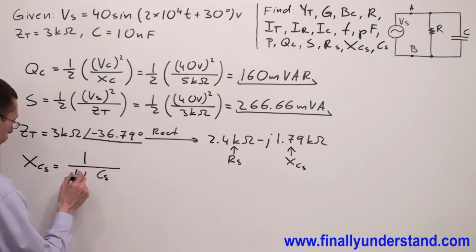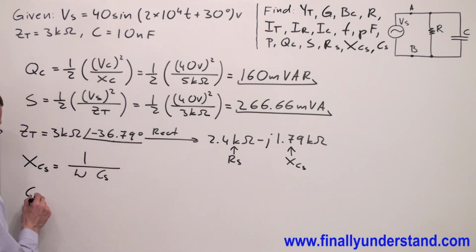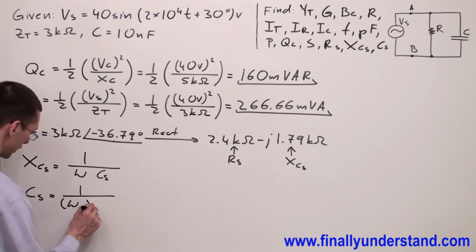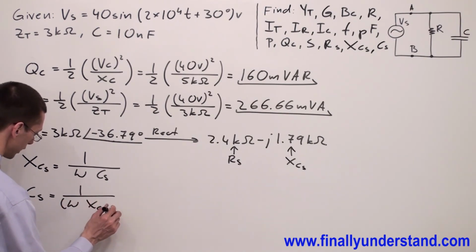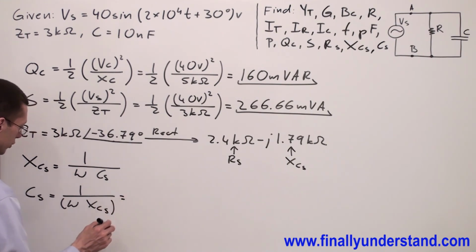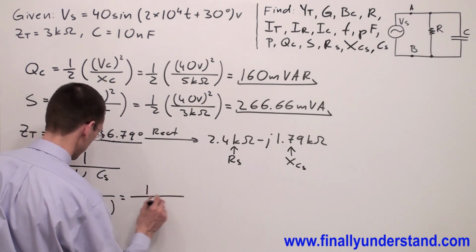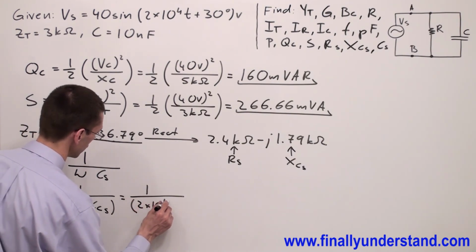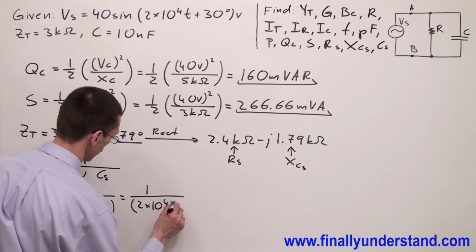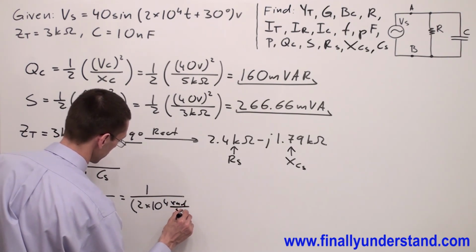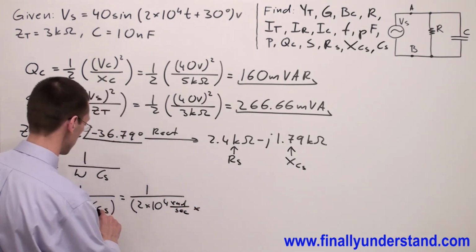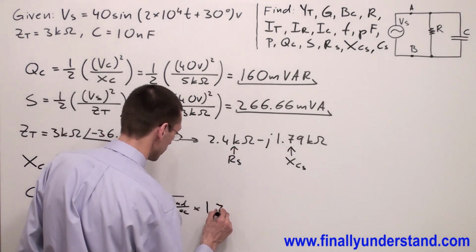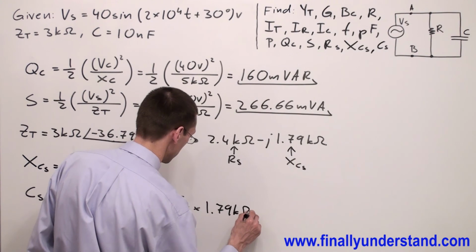Solve this formula for Cs and you'll obtain Cs equals 1 over omega X of Cs, which is equal to 1 divided by omega, 2 times 10 to the 4 radians per second, times X of Cs, which is equal to 1.79 kiloohms.